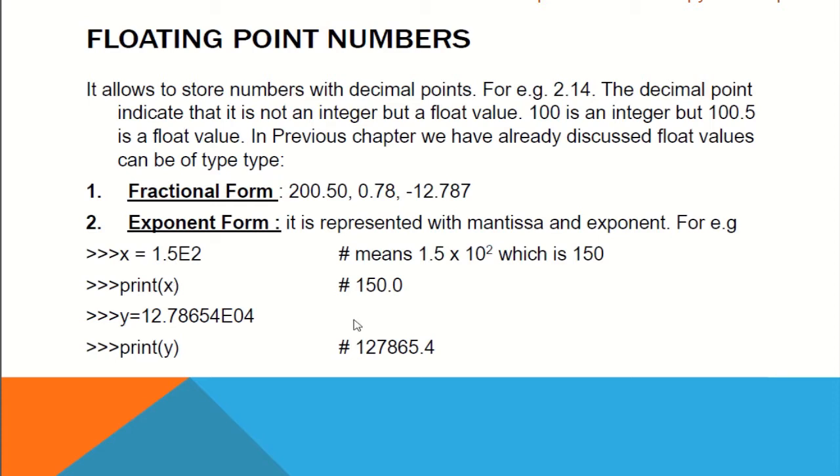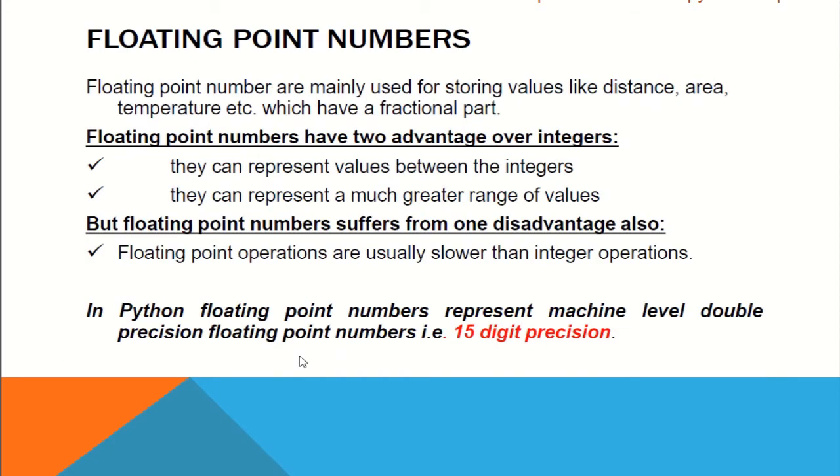Now print x, so 150 will be printed. Next is y, 12.7864 e04. So e04 means into 10 raised to 4, so the point will be shifted 4 digits, and 127864 will be represented as output.